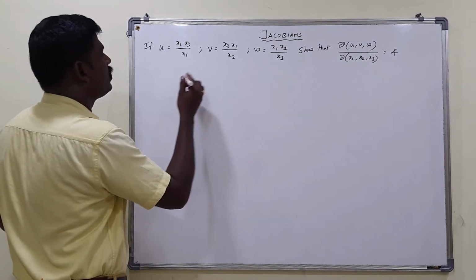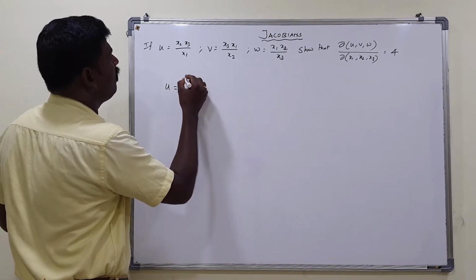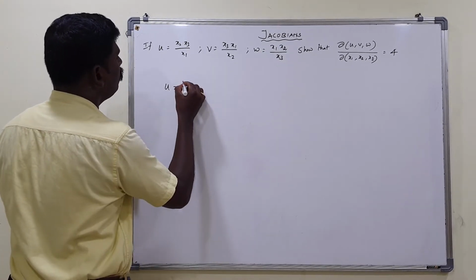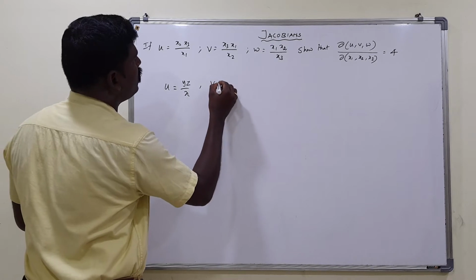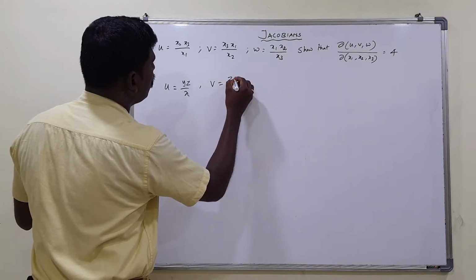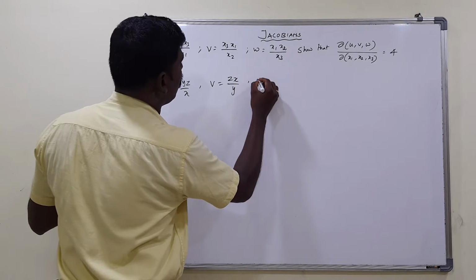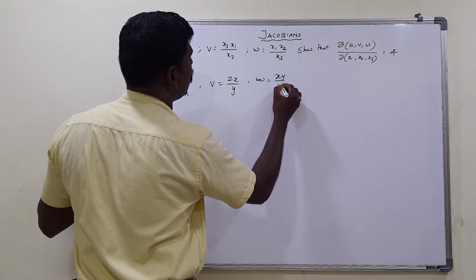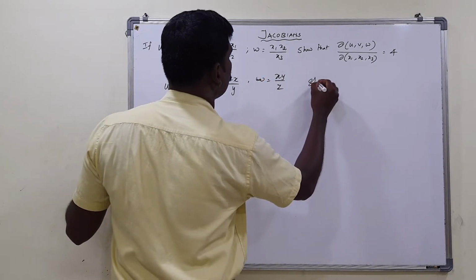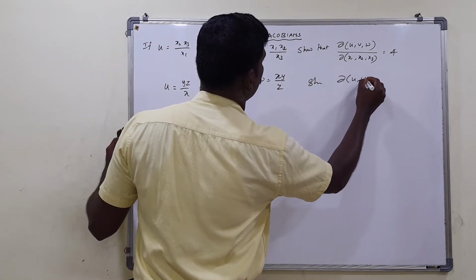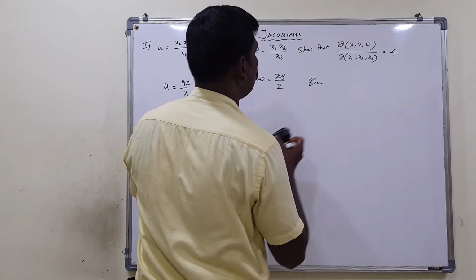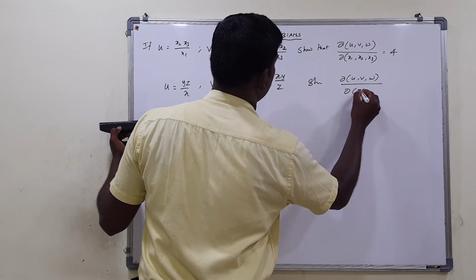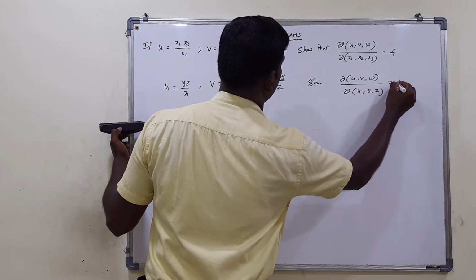A similar problem we have already worked out in the previous session, in the form of u = yz/x, v = zx/y and w = xy/z. Show that ∂(u,v,w)/∂(x,y,z) equals the proof.